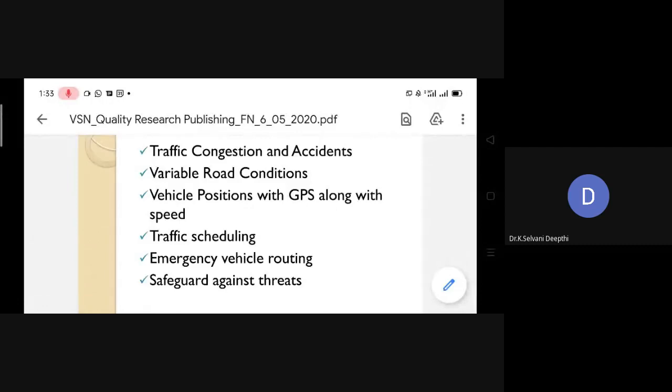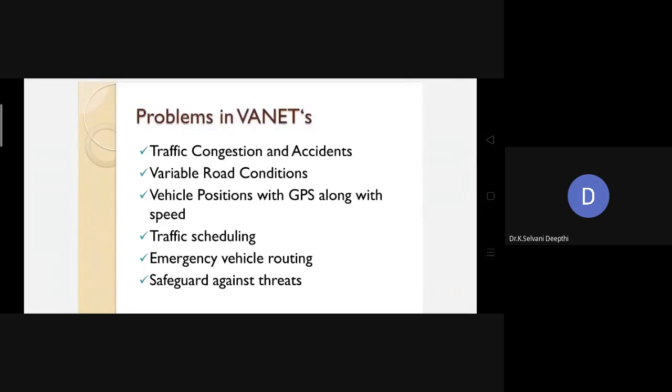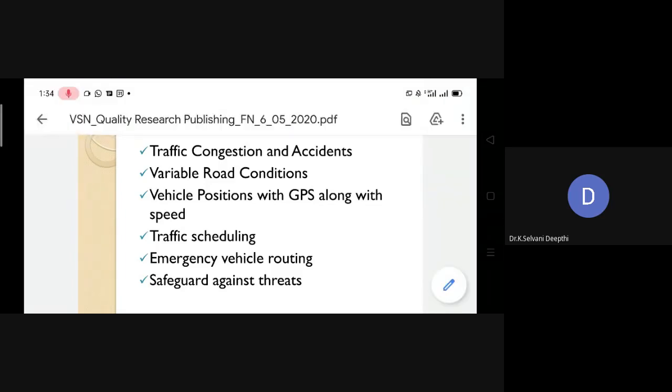And vehicle positions with GPS, global positioning system, with speed. If your vehicle is in Tadepalligudem and you want to travel to Vijayawada, and there is a traffic jam at Eluru, and some vehicle informed you that there is a traffic jam on that route, then you can choose another option and go another way.